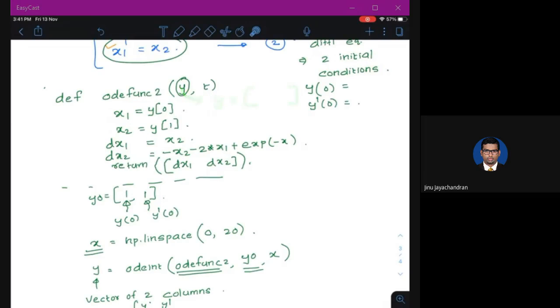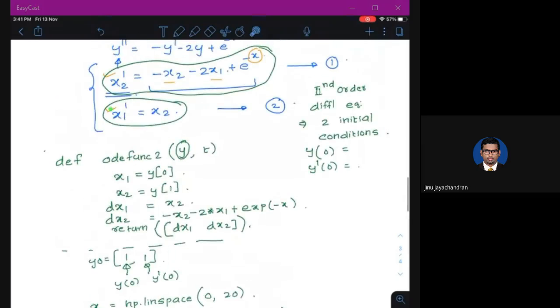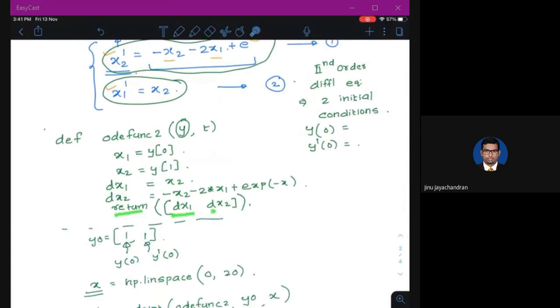The first value is your x1 and the second value is your x2, where x1 is actually y and x2 is y dash. So my dx1 is x2 and my dx2 is this. And you return dx1, dx2 in that order.